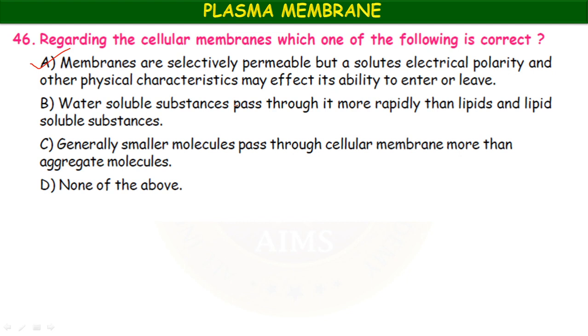Electrical polarity means, for example, if you take a partial extracellular cation like sodium, it passes very easily, and the resting membrane potential is mainly determined by potassium K plus ions gradient. The movement of phospholipids from side to side is known as lateral diffusion.